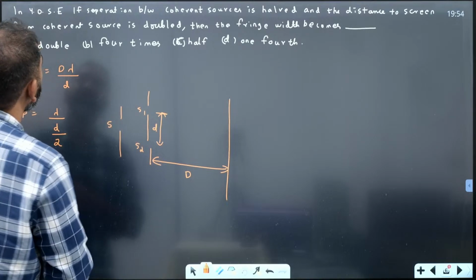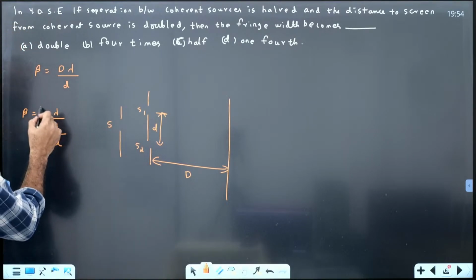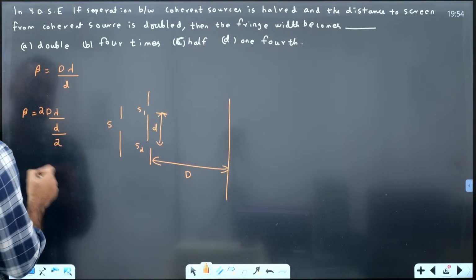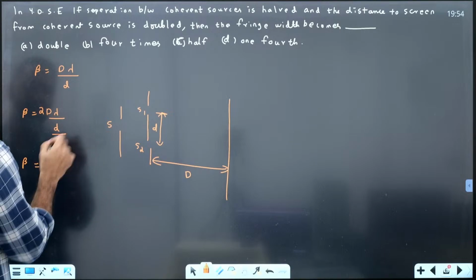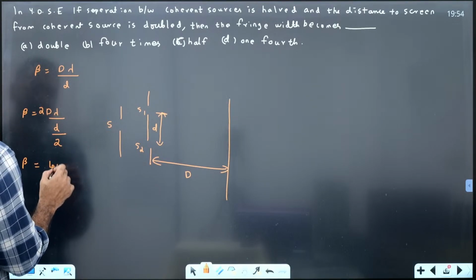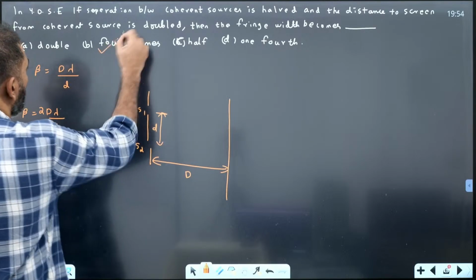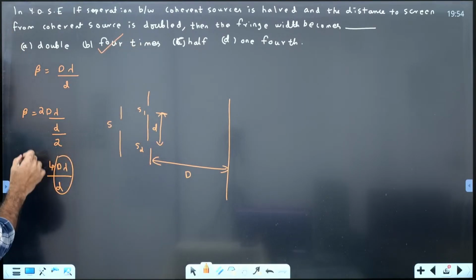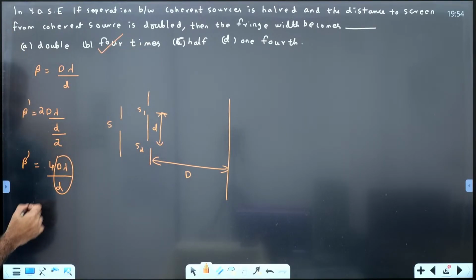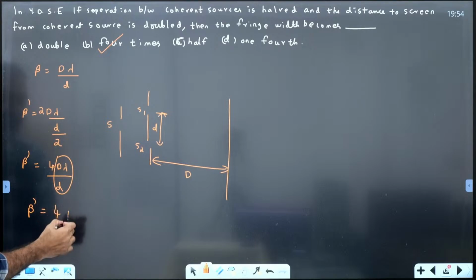And the distance between screen and coherent source is doubled, so it is 2D. This 2 moves to numerator, so 4D lambda by d. It becomes 4 times. So beta dash is equal to 4 times original beta.